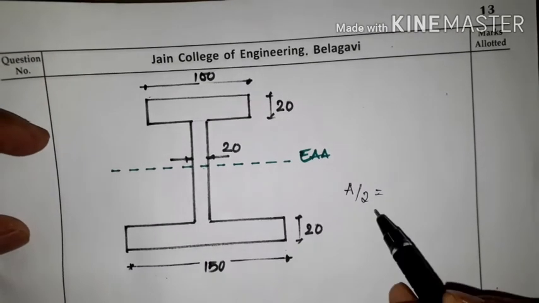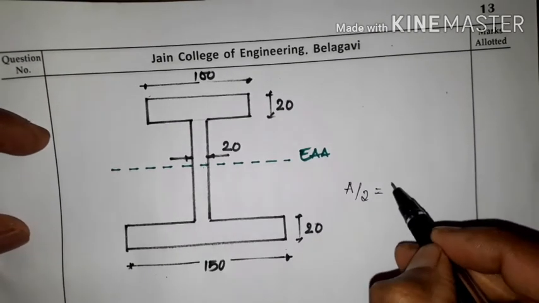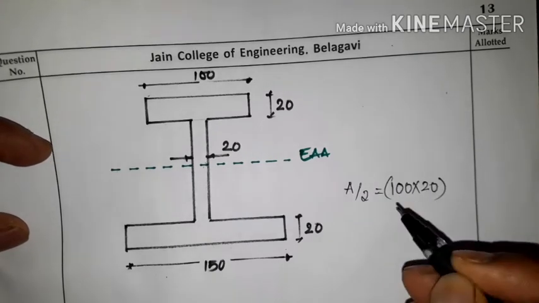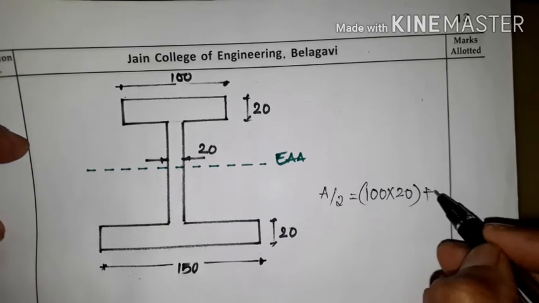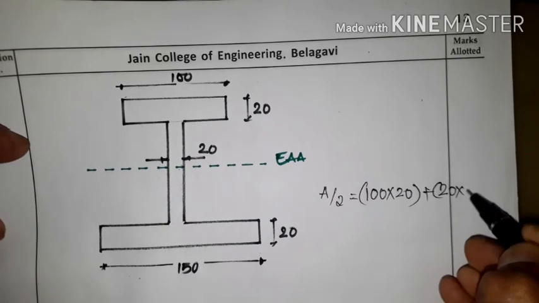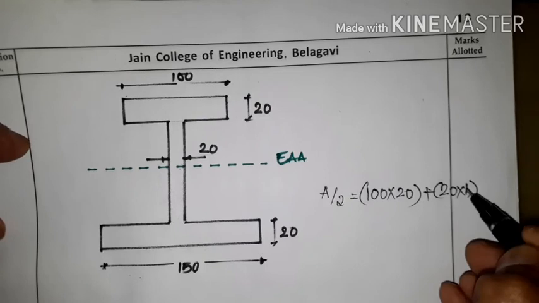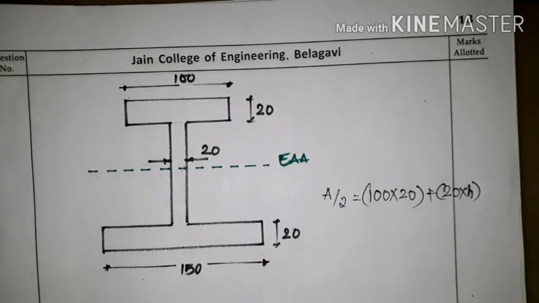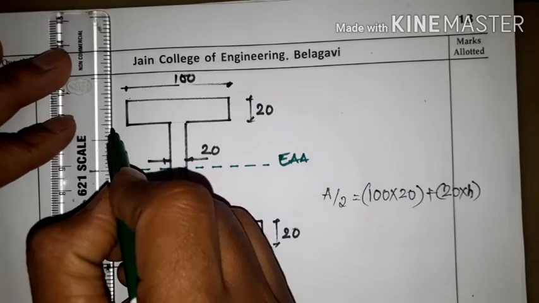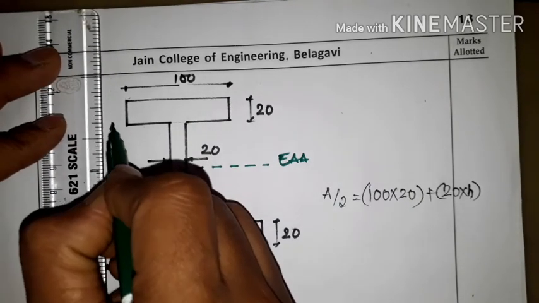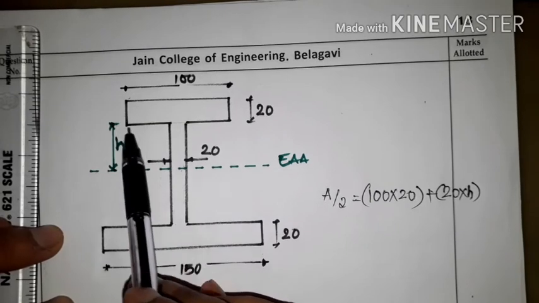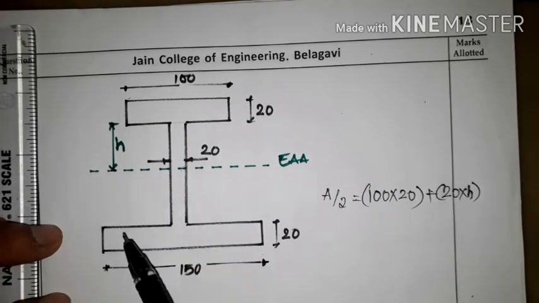So A by 2 should be equal to 100 into 20 plus 20 into H. We will assume that this height is H. Whatever this part is should be equal to A by 2, correct?